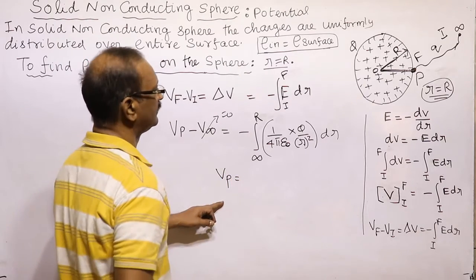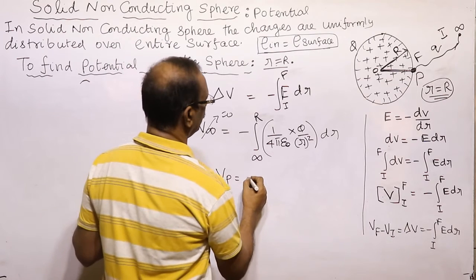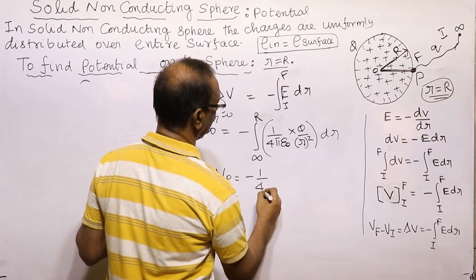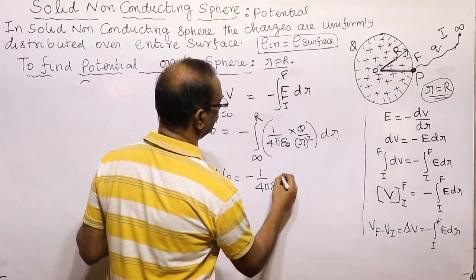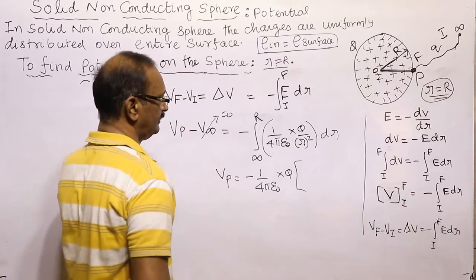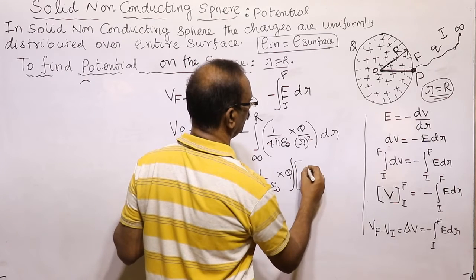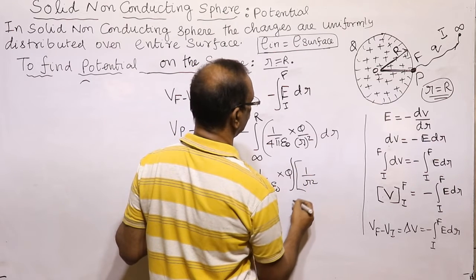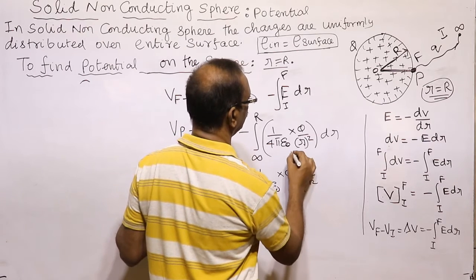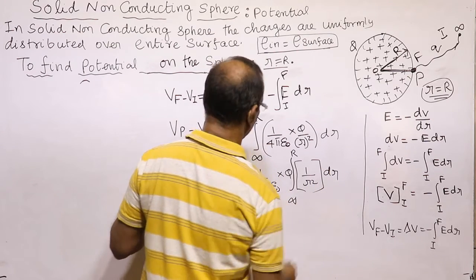Therefore the potential at point P, that is the point on the surface of the solid sphere, is equal to minus 1 by 4 pi epsilon naught, we can take it out, and K also we can take it out, times the integral of 1 by R square dr from infinity up to R, as we have done already.